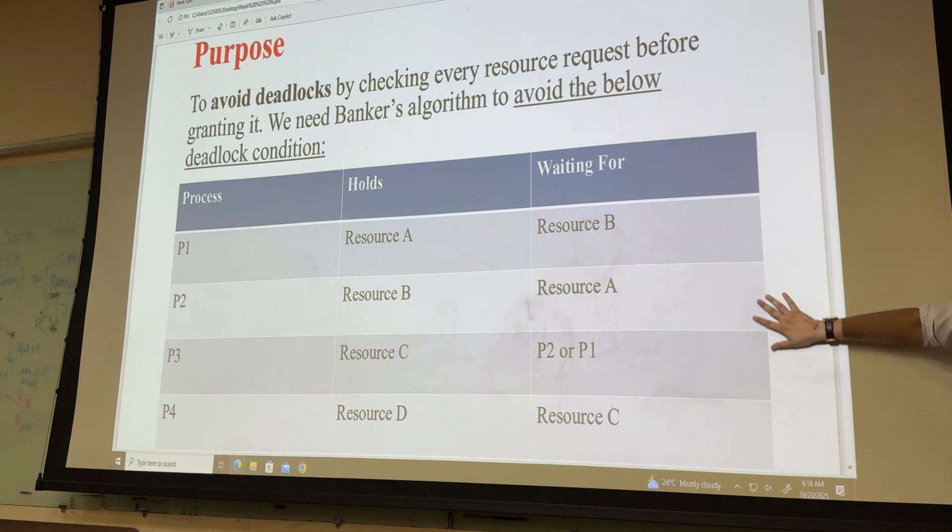And then for the max, it is 7 5 3, 3 2 2, 9 0 2, 2 2 2, 4 3 3. And then the available is 3 3 2. So this is going to be your matrix, okay?